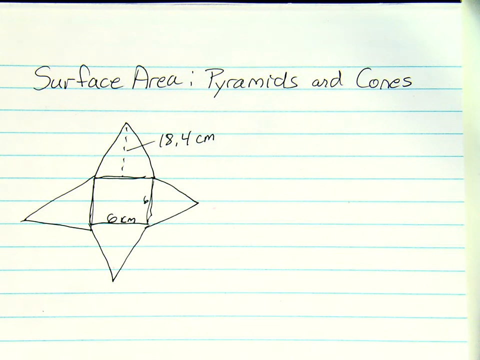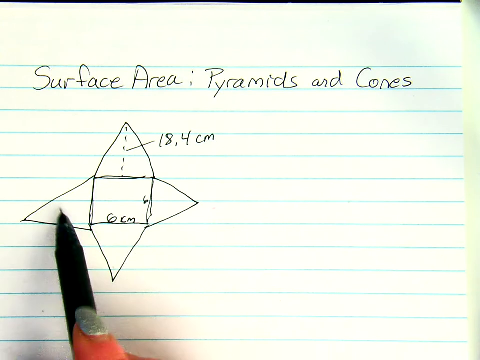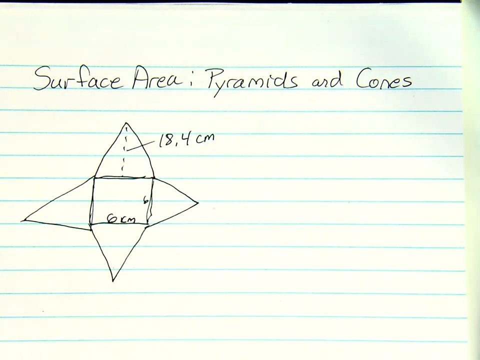So basically, when I come up with this number, it should mean that if I were cutting out my shape and gluing it together, this is the amount of material I would need to actually build it. It is the outside surfaces. Each surface has a specific area, and we're going to add that together.